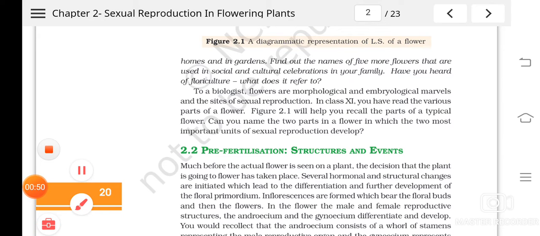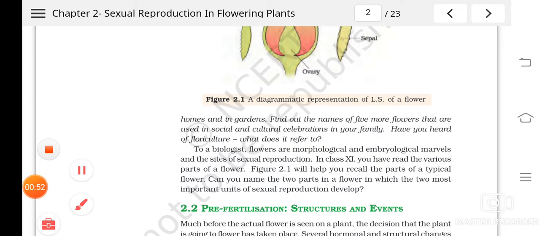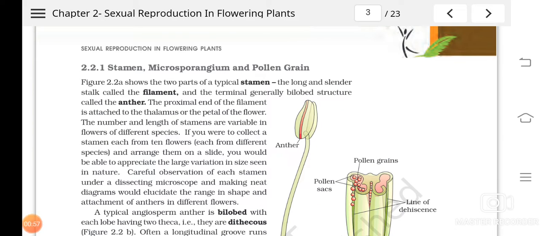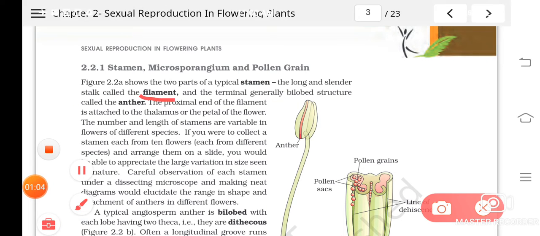So if you study the parts in detail, each stamen has a stalk known as the filament, okay, and then they will have an anther at the tip.